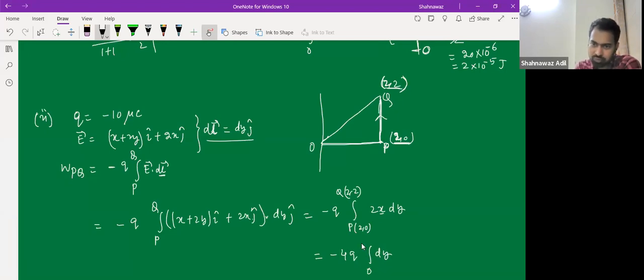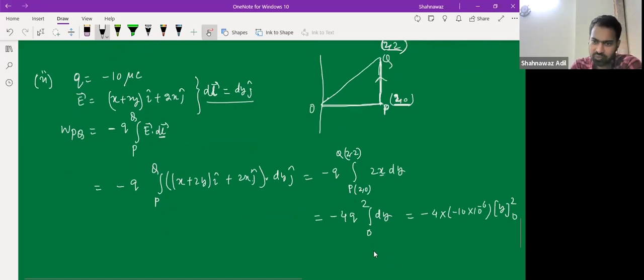Right, and integral of dy would be y simply, right? So minus 4Q is minus 10 into 10 to the power minus 6, and this is y in the limit 0 to 2. First we put y equals 2.